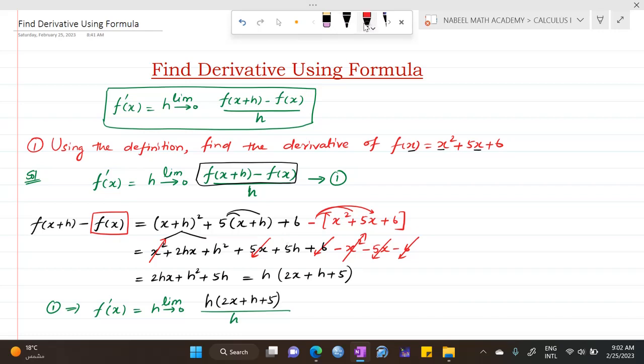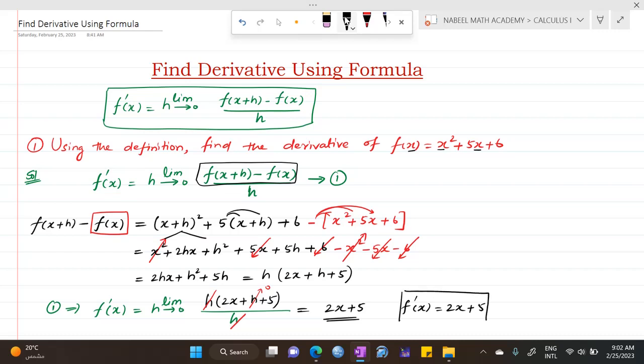Now what cancels? h with the h cancels. When you apply the limit, h approaches 0, so h becomes 0. Therefore, the derivative is 2x plus 5. So f prime of x equals 2x plus 5.